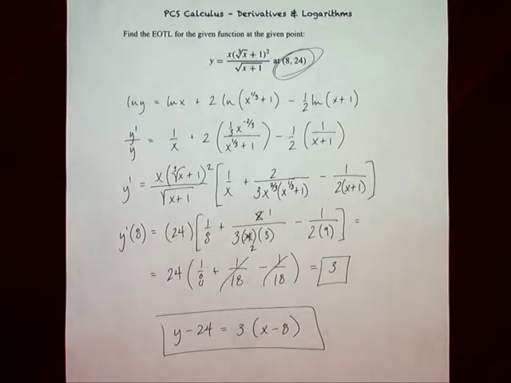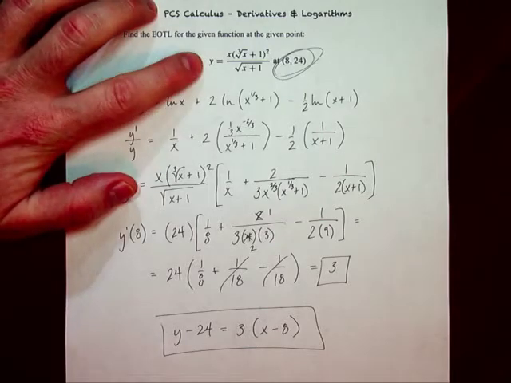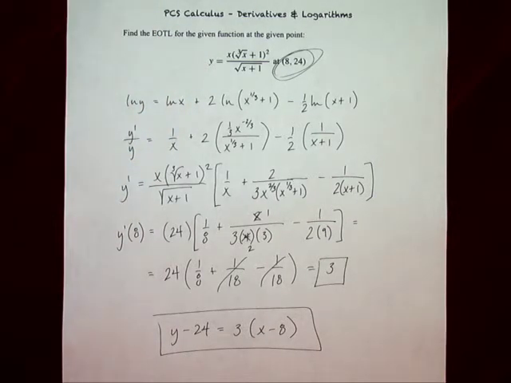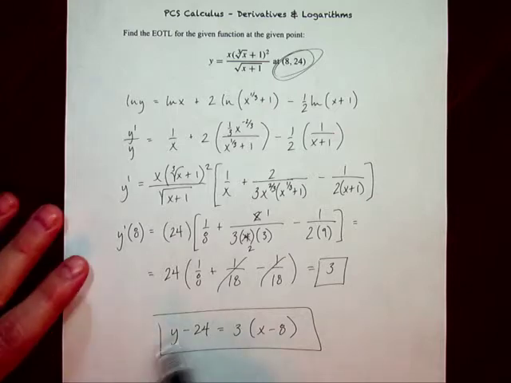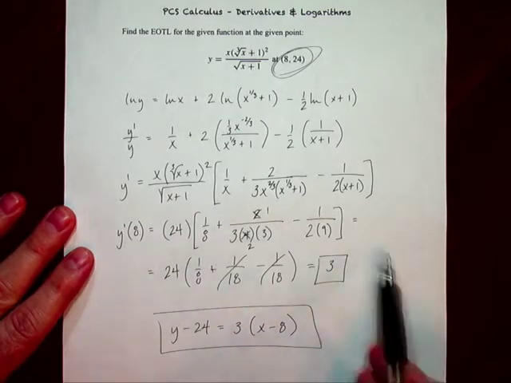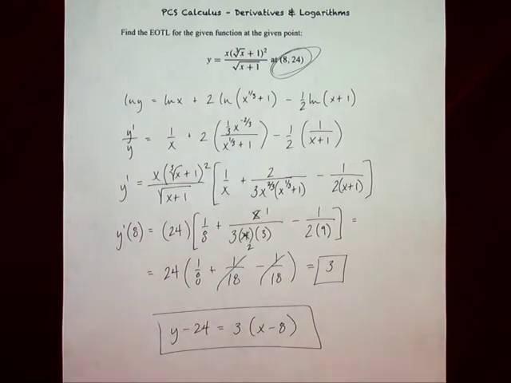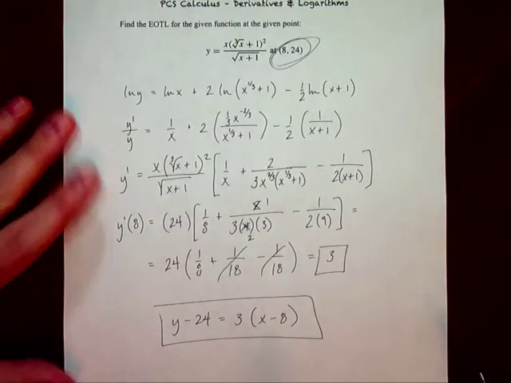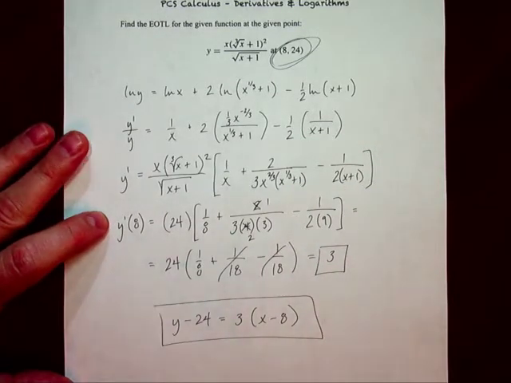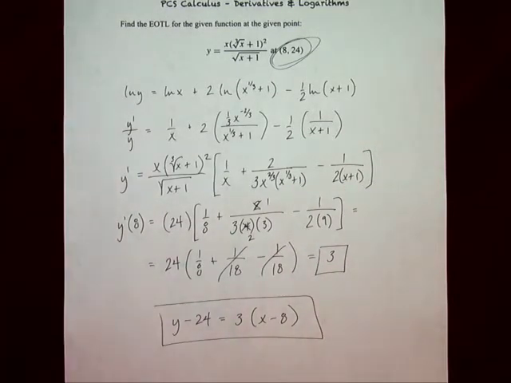Now, if you were to do this derivative the long way, by the quotient rule and everything like that, I highly doubt it would be easier. First of all, the taking of the derivative is going to be more cumbersome. Second of all, the actual evaluation of the derivative at a particular value is going to be not fun either.